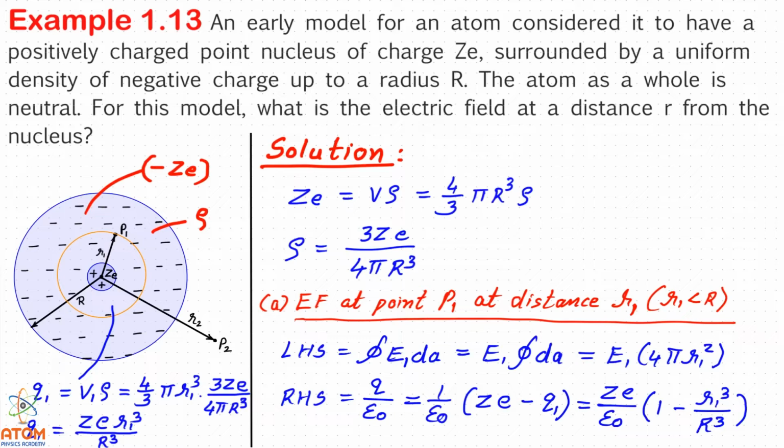Now we can compare this right side and left side. Before we go for the next page, remember this term. This is the left side, E1 4 pi r1 square, and the right side is Ze upon epsilon 0, 1 minus r1 cube upon capital R cube. So we will compare both of them in the next page.